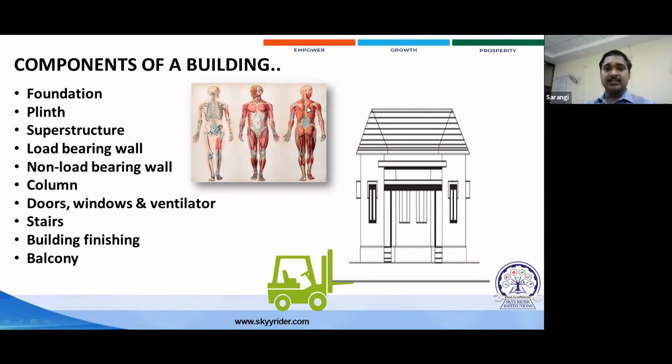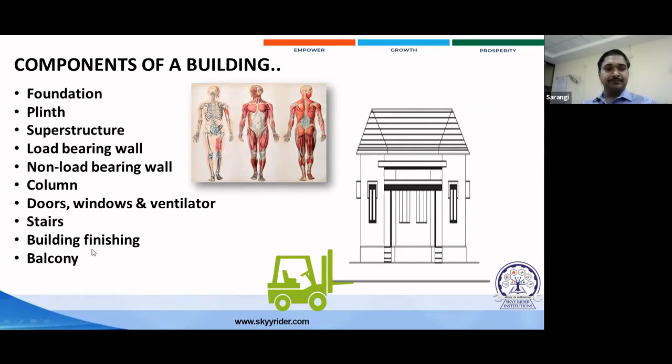After that, the neck portion is also brickwork up to the roof. Then the head is the staircase. Above the staircase, the roof structure is also called the headroom. Similarly, from top to bottom, a human being is very much similar to the building structure.